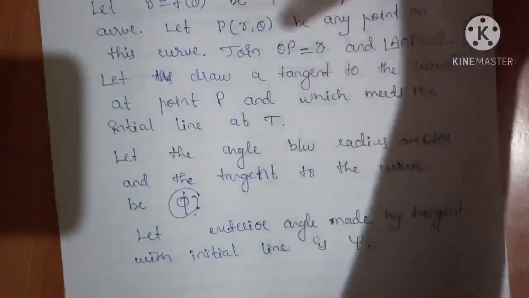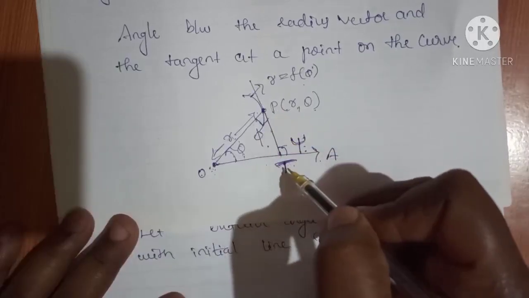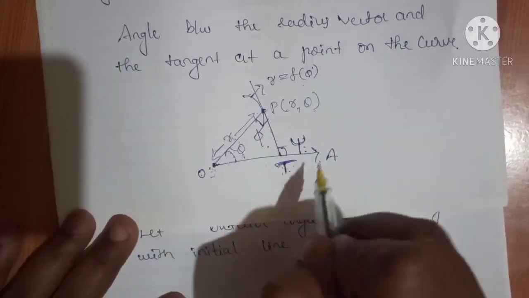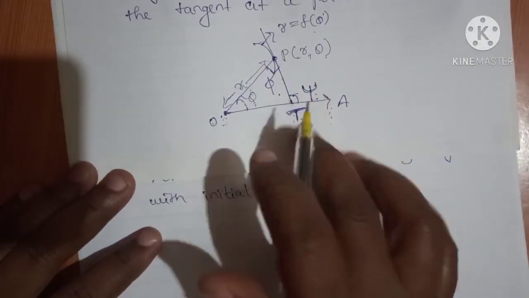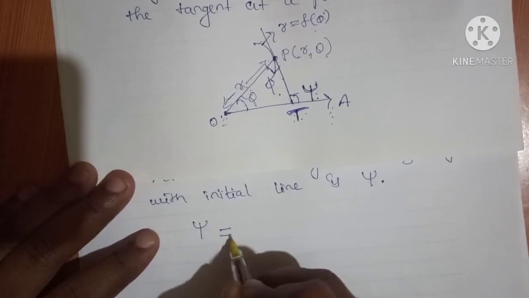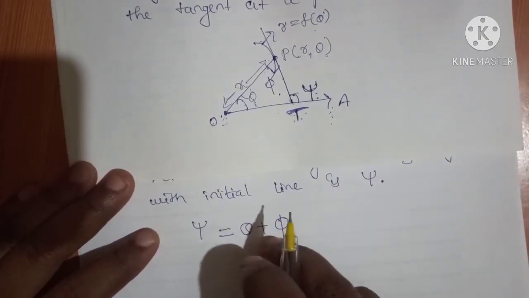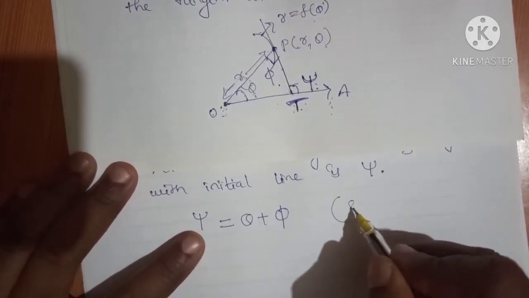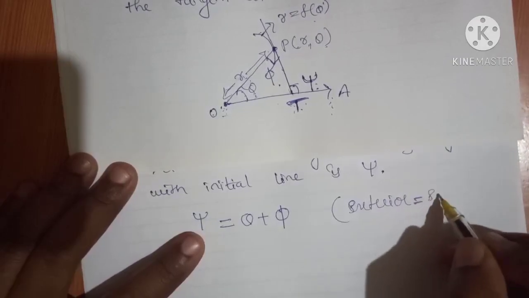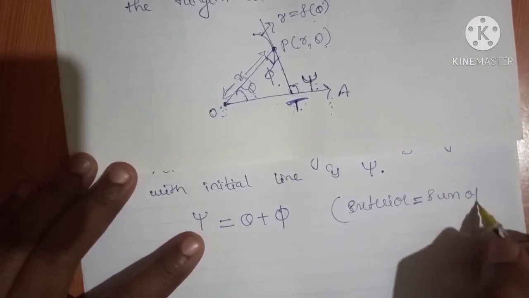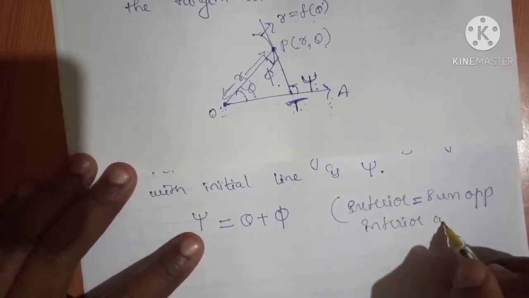Here this is the exterior angle made by this tangent with the initial line OA. Now you can observe in this figure that psi equals theta plus phi, because the exterior angle is equal to the sum of the opposite interior angles.